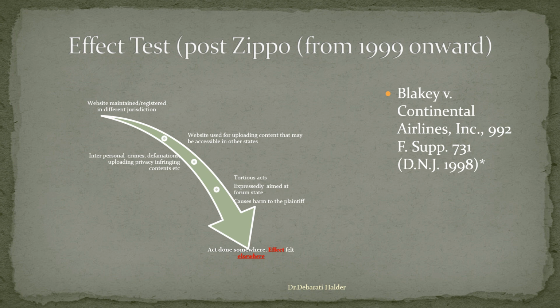It may contain interpersonal crimes, defamation, privacy-infringing contents, etc. The acts are actually tortious acts expressly aimed at the forum state and cause harm to the plaintiff who is residing in a state where the act or conduct has not been committed. That means the effect is felt in a different place. That means the act is done somewhere and the effect is felt elsewhere. This was taken up in Blakey versus Continental Airlines Inc. in 1998.